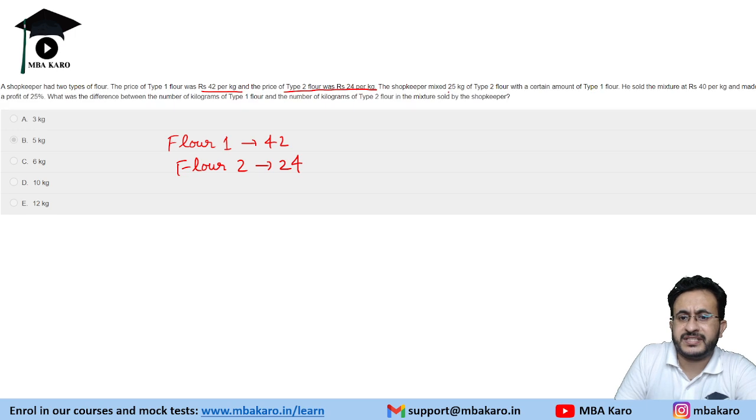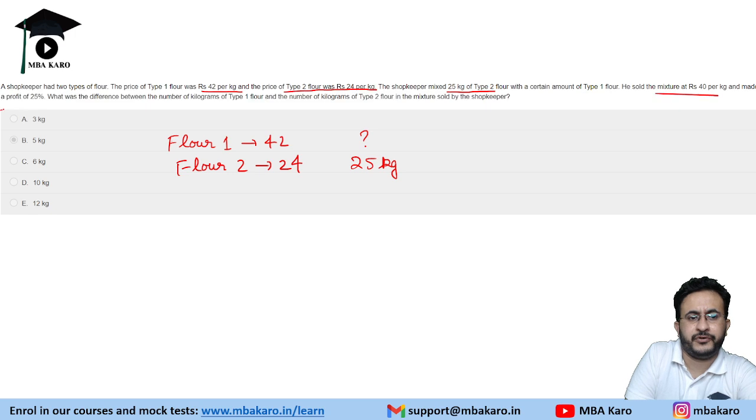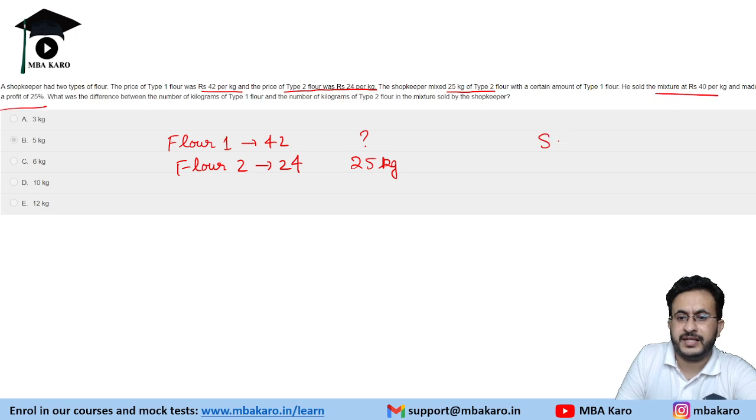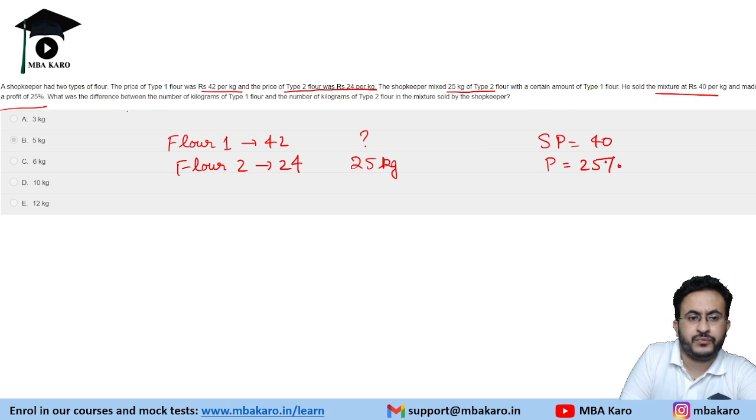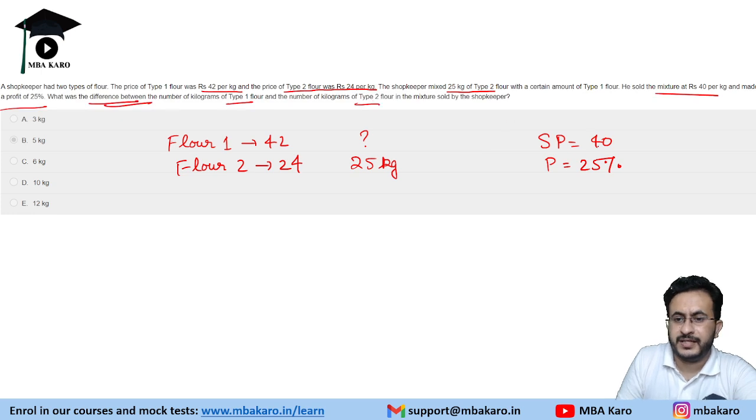The shopkeeper mixed 25 kg of type 2 with a certain amount of type 1, and he sold the mixture at 40 per kg and made a profit of 25%. Selling price is 40 and profit is 25%. We need to find the difference between the number of kilograms of type 1 and type 2 flour in the mixture.